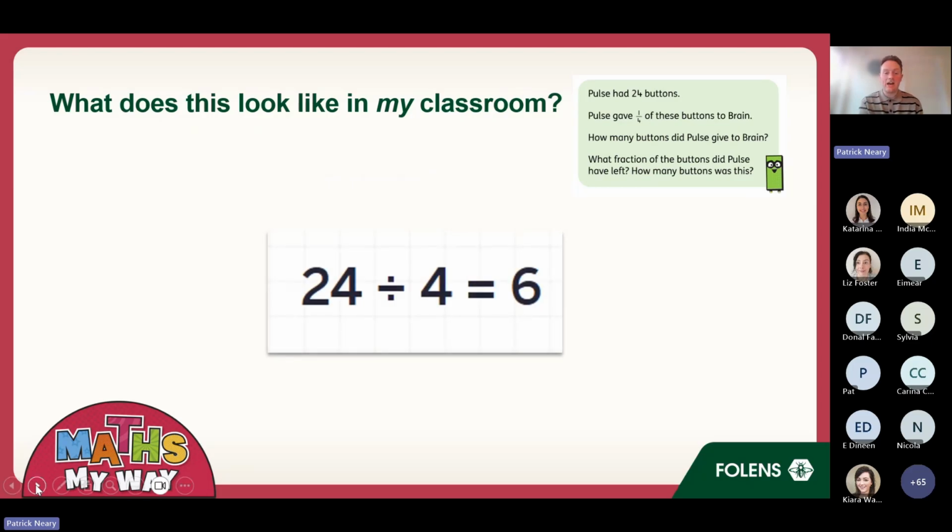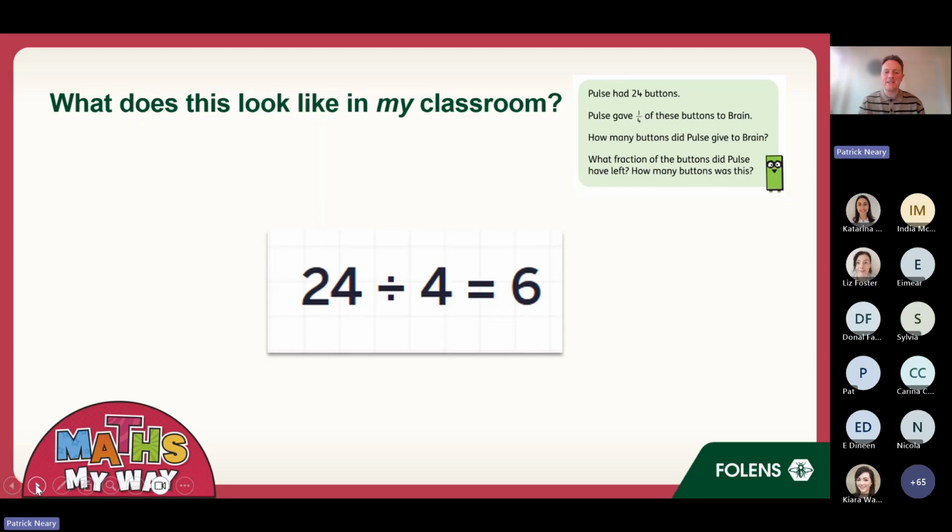We haven't touched on division yet in our class. It's coming up in a couple of weeks' time for the first time. But there were 2 children who recorded 24 divided by 4 equals 6. So here you can also see your differentiation.